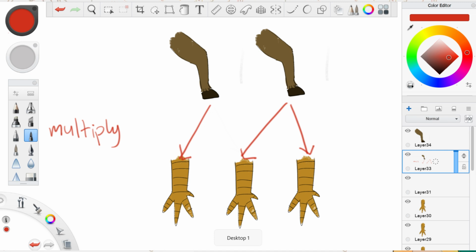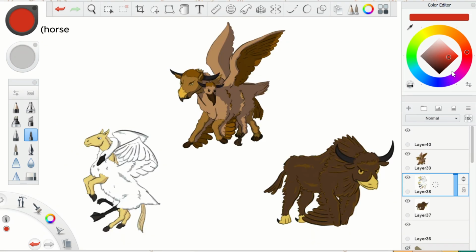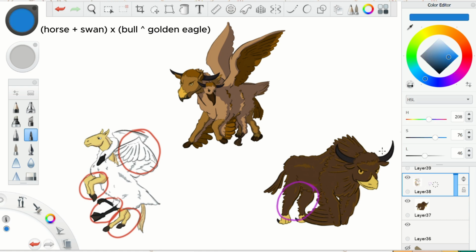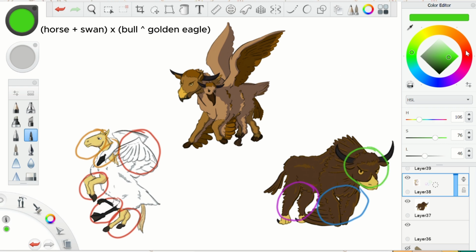So for the Animalgebraic equation, horse plus 1 minus bull raised to golden eagle, as you can see here, one has 4 pairs of limbs, and the other has 2, and horse plus 1 here also has 2 heads. So if we look at the results when we multiply them, this is what we get.